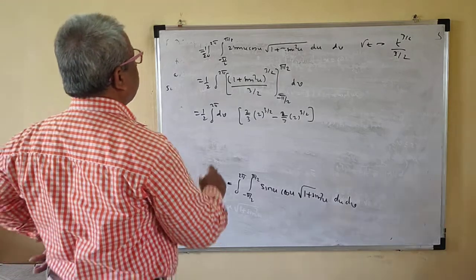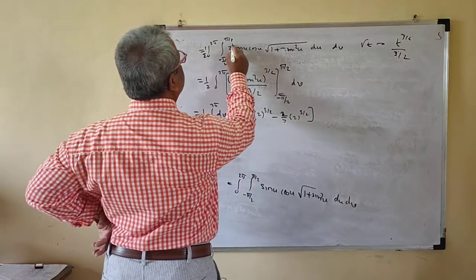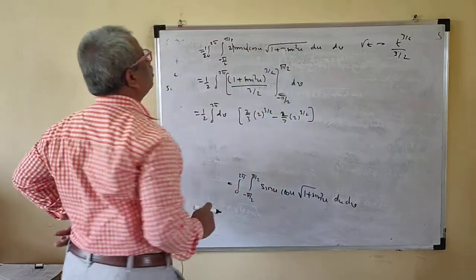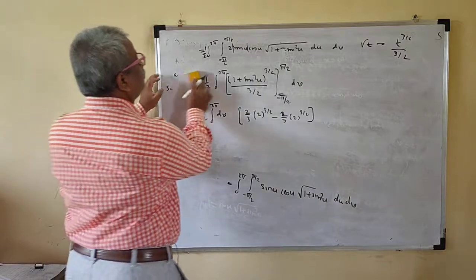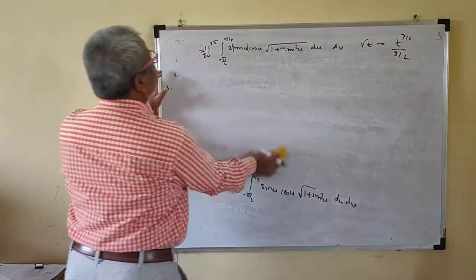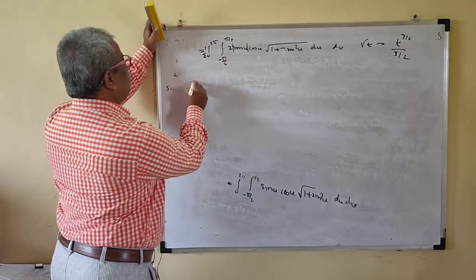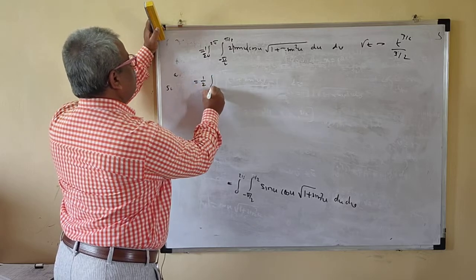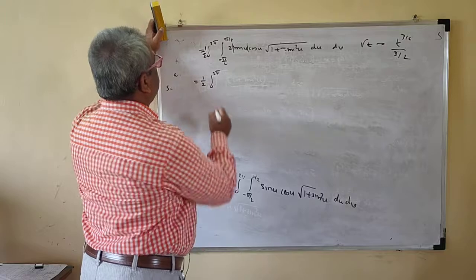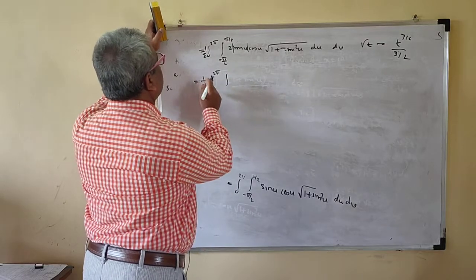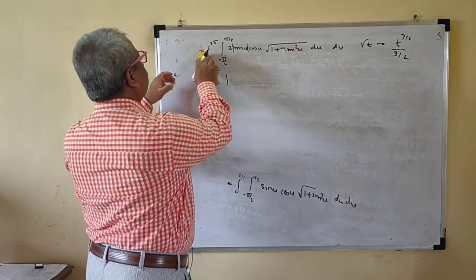Oh, you have to take the mod of this one. So this is mod of 2, so this is an even function. So this will be 1/2, 0 to 2 pi. There is actually no need for this half also.